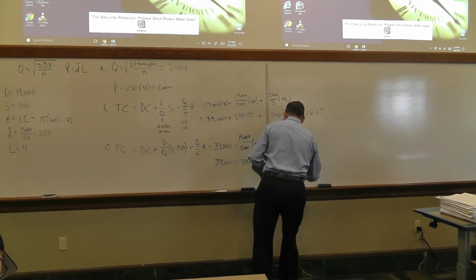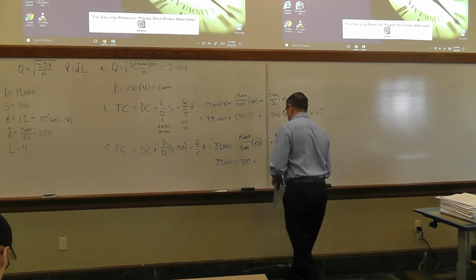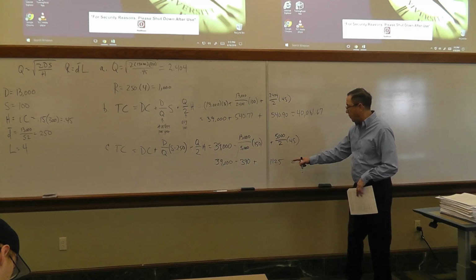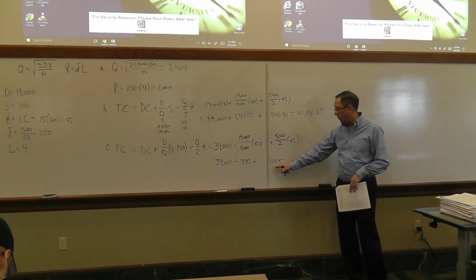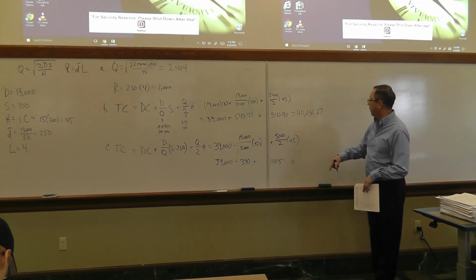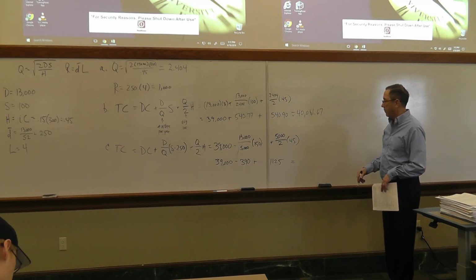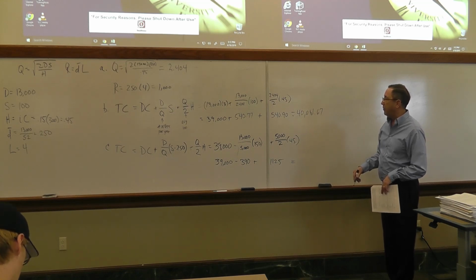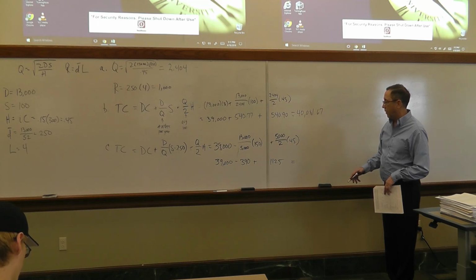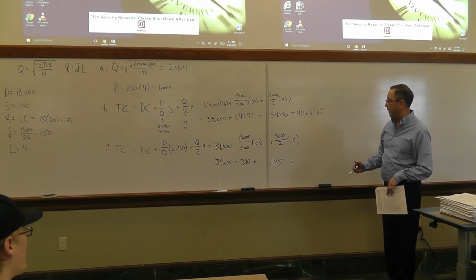Okay. And when we do that, we get 41,125 minus that. Add them up. Can't do that in my head. 39,735. Looks like you might save a little money, right?